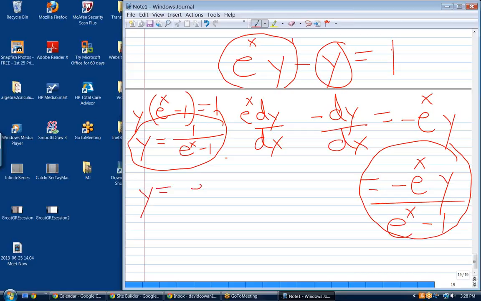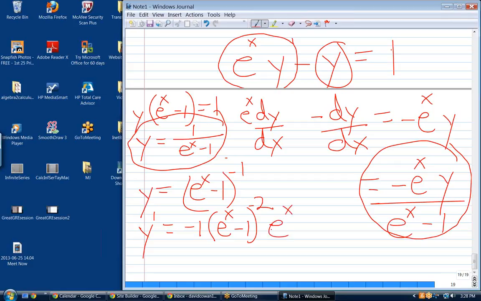Y is equal, if I rewrite this like this, then y prime is equal to what? Let's see, so y prime is equal to, okay, so we change all that, right? Yes. Okay. So it's negative 1 times e to the x minus 1 to the negative 2 times the derivative of the inside, which is just e to the x.